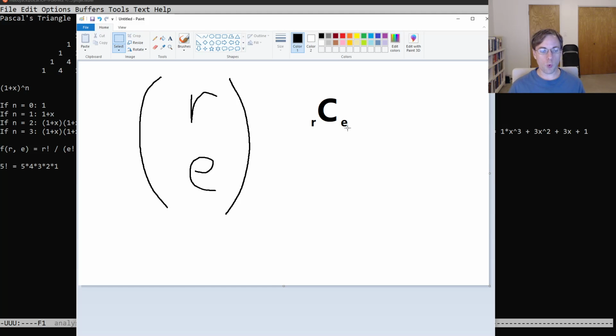So you might wonder, why choose? Why is that the pronunciation of these? It has to do with the use of binomial coefficients in combinatorics and probability.